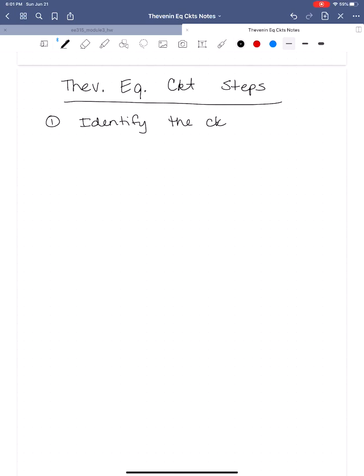So, the Thévenin equivalent circuit steps. In step 1, we are going to identify the circuit network versus the load.